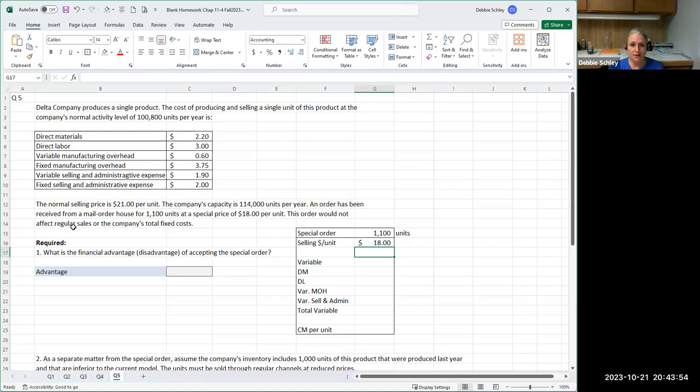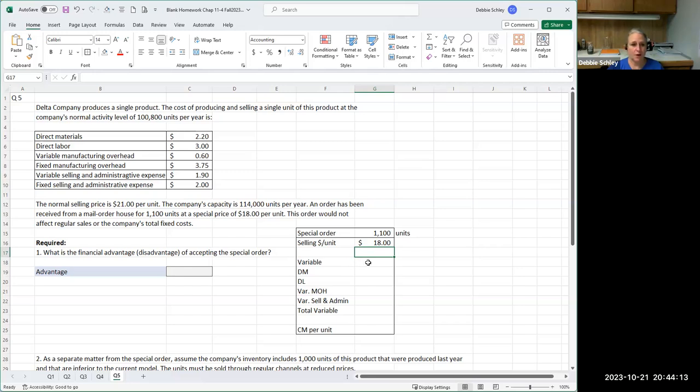This order would not affect regular sales or the company's total fixed cost. So again, we're not going to have to worry about anything that's fixed. We're just going to look at variable costs to find the financial advantage or disadvantage of accepting the special order.